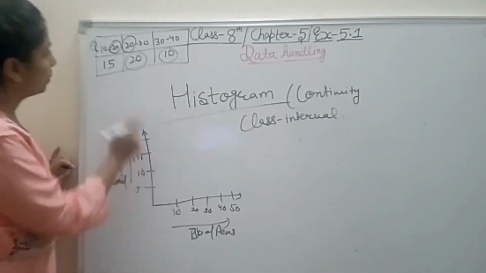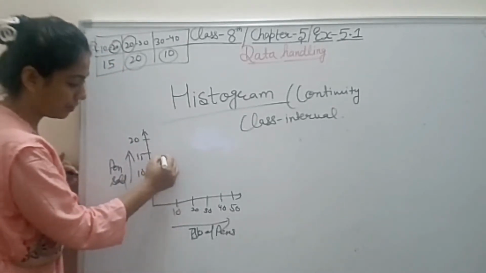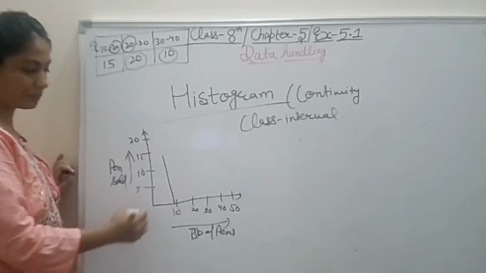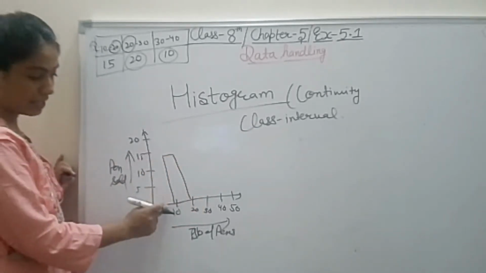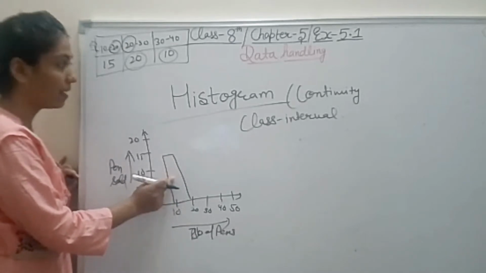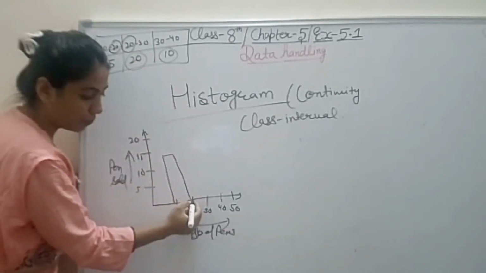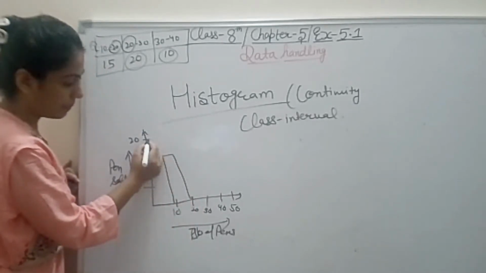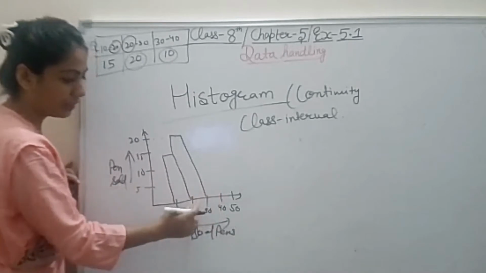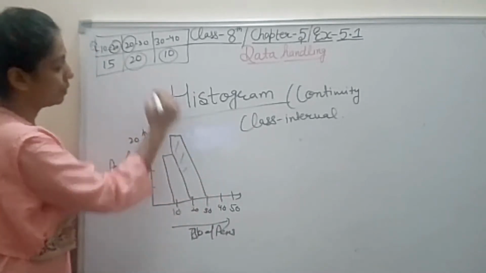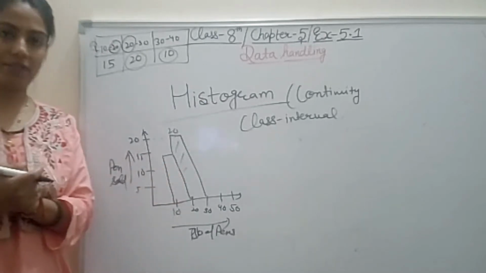So now look, between 10 to 20 there is 15, right student? Between 10 to 20, 15 pens are coming. Then 20 to 30 there are 20 pens, so for 20 to 30, 20 pens, it will extend here. So have you seen there is a continuity in the bar graphs, sorry, in the horizontal line, in the bars.